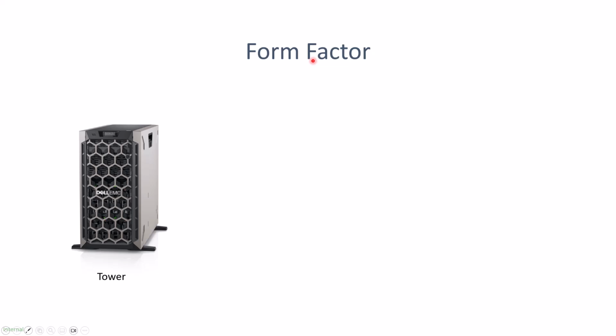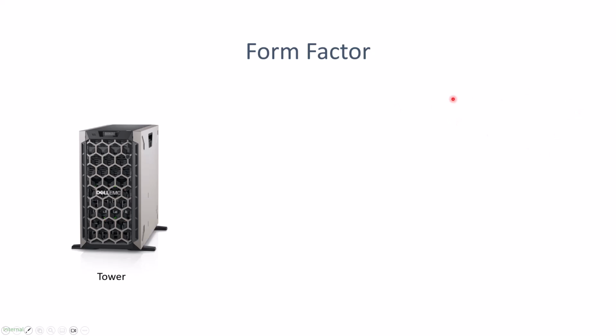Now, a tower server is fine for a smaller organization, but if that organization were to grow and they would be using more and more servers, this takes up a lot of floor space, and as with servers, there's always lots of cabling, lots of tower servers on the floor, takes up a lot of space, a lot of cabling laying all around as well.